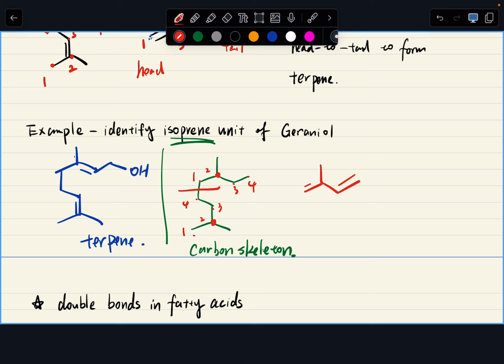Yes? How about the carbon on the bottom right? You drew the carbon skeleton, isn't there a carbon on the bottom right? Yes, that's the substitution on my carbon 2. This one is 1, this one is 2, and this one is the substitution on my carbon 2.